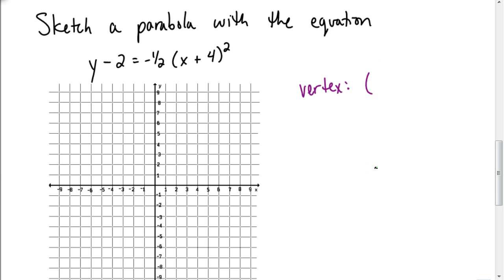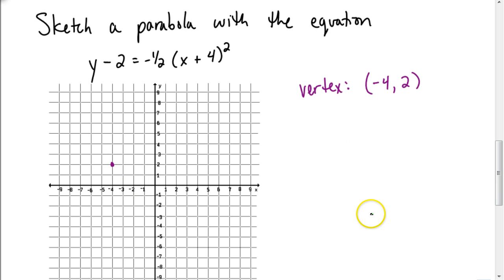To find the h value, or the x value of our vertex, we look at our x in our equation and take the opposite of what's happening to it. Here we have a plus 4, so the opposite of that is negative 4. That means the x value of my vertex is negative 4. Look at the y part of the equation to figure out the y value of your vertex. It's minus 2 here, so the opposite of that is a positive 2. So your vertex is the coordinate (negative 4, positive 2).